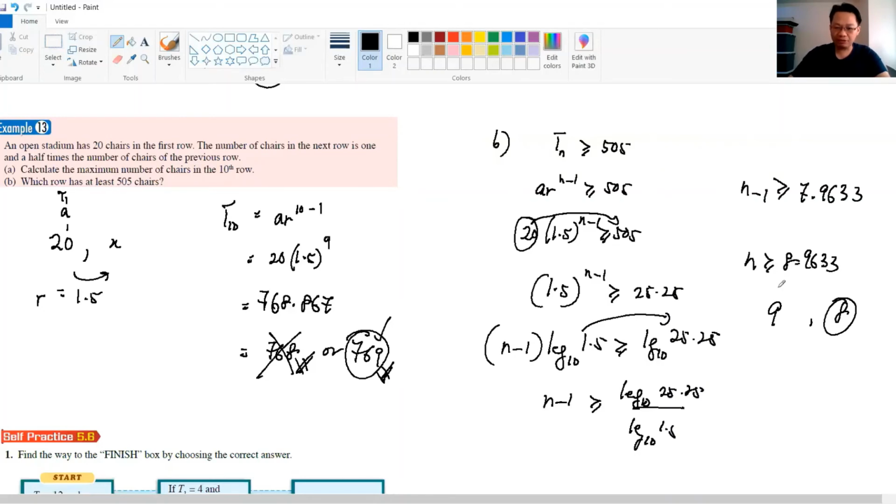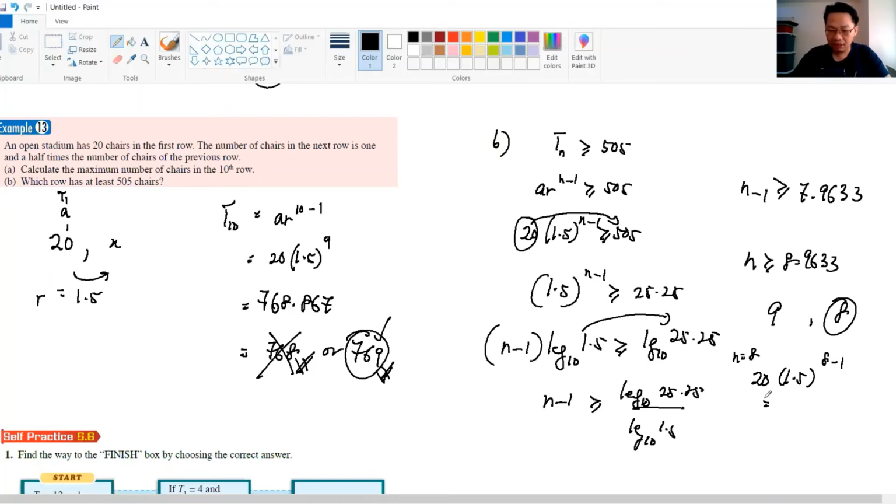So how do we check which one is correct? Take the 8 and put it into the formula. Now, this n you can substitute with 8. So 20 times 1.5 to the power 8 minus 1. How much is the answer that we are supposed to get? Is it equal to 505 or near to 505?